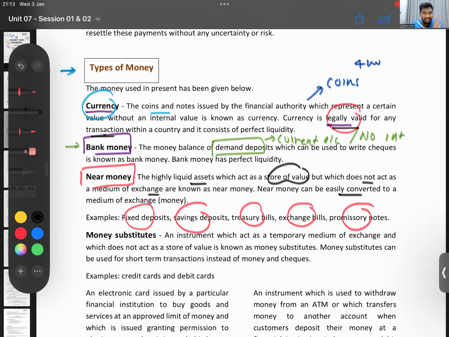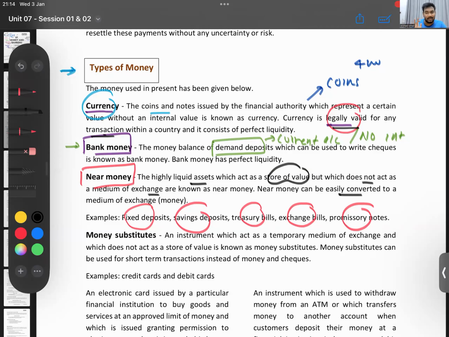So far we learned three types. One is currency. What is currency? Notes and coins. Second is bank money. For bank money, we only consider demand deposits. We don't put savings deposits into that, because savings deposits are different from current accounts. You can't draw checks on them and there is interest on them.